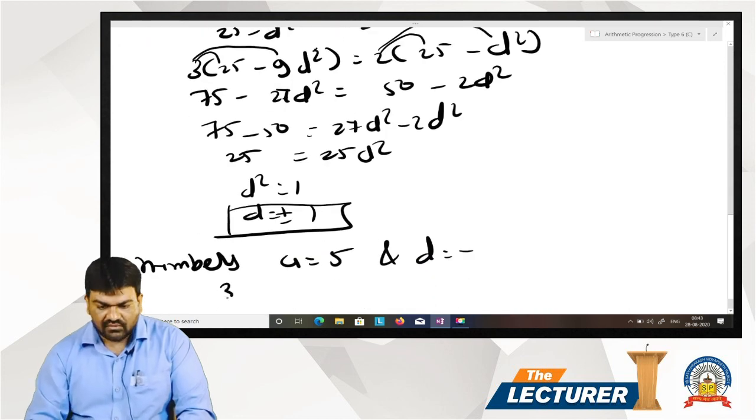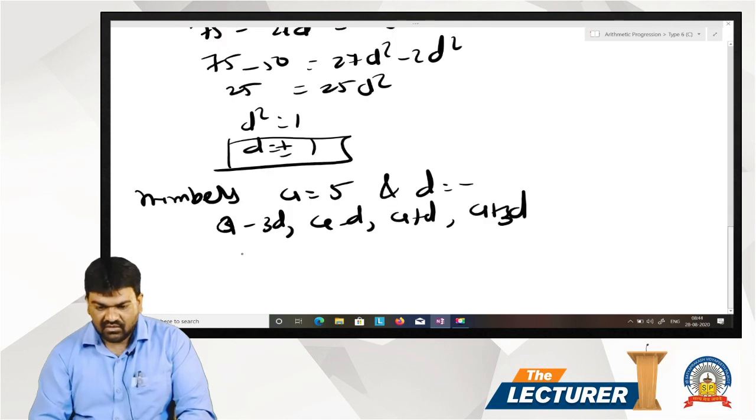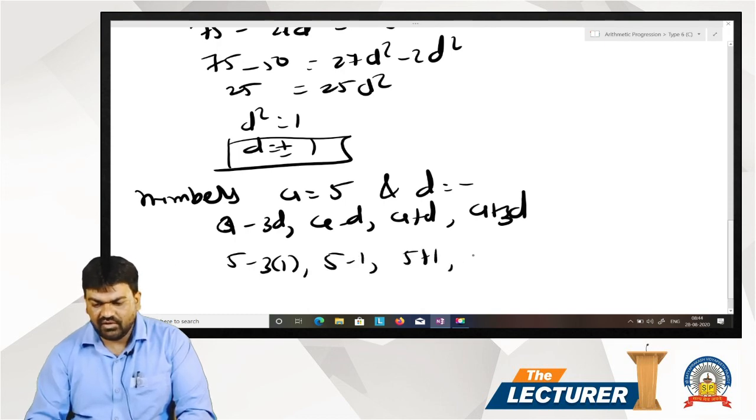So a minus 3d, a minus d, a plus d, a plus 3d. 5 minus 3 multiplied by 1, 5 minus 1, 5 plus 1, 5 plus 3 multiplied by 1. 5 minus 3 that is 2, 5 minus 1 that is 4, 5 plus 1 that is 6, 5 plus 3 that is 8.